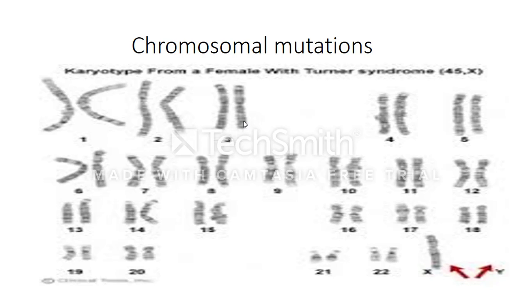And numerical rearrangement would be something like losing an X chromosome here, or gaining chromosomes here, and so on.